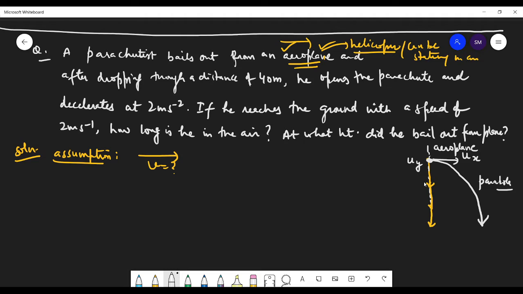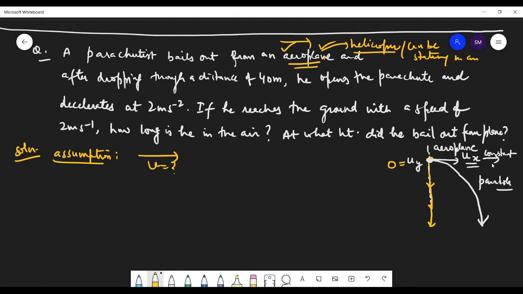Because at this point, according to Newton's first law of motion, the object will keep on moving if it is released. There is no force acting on it horizontally, so it will keep moving with the same horizontal velocity ux. This velocity will be constant. I'm concerned only about my packet. When the packet is released, the packet velocity and aeroplane velocity will be the same. The aeroplane was moving horizontally, so vertical velocity was 0 and only horizontal velocity was there.